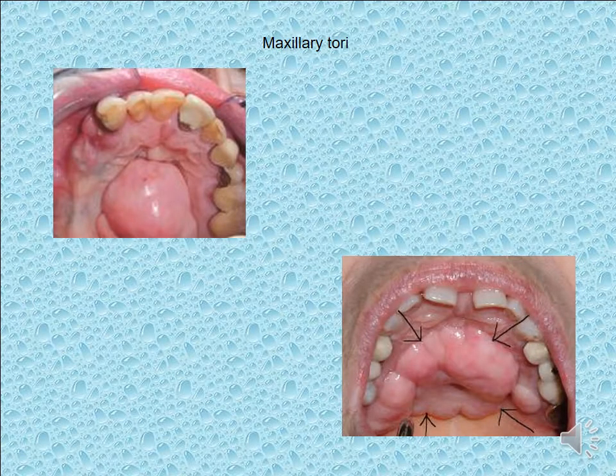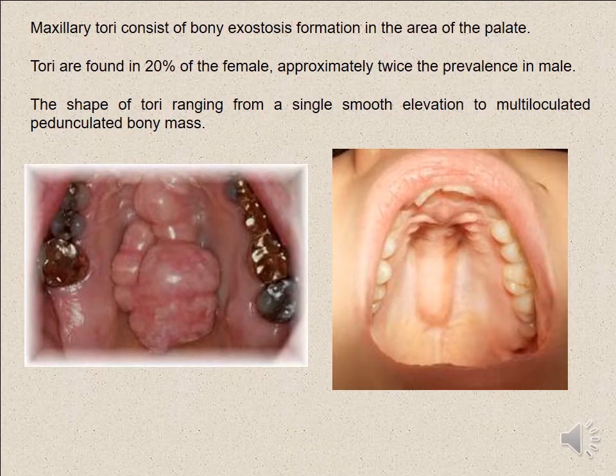Another problem for the maxilla is maxillary tori. As you see in this figure, we have a huge bony exostosis in the palate. It is either smooth, large, small, or irregular, extending from the palatal side of the central and lateral incisors to the palatal side of the molars.